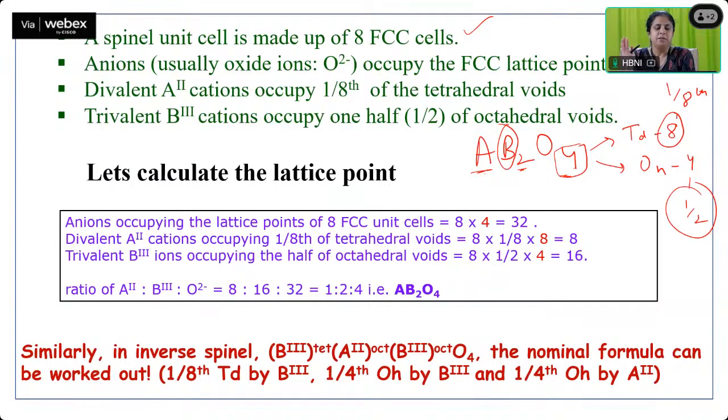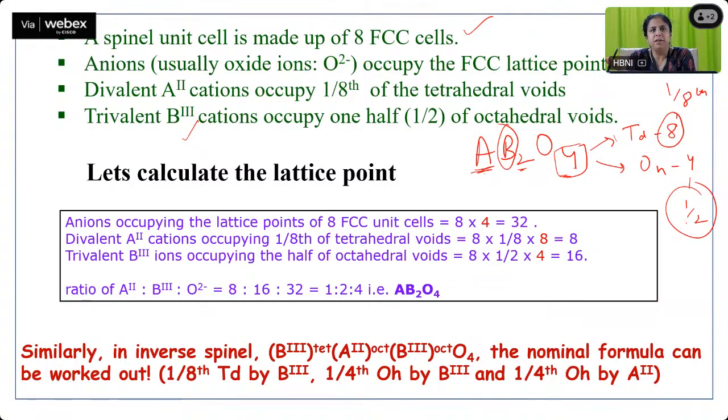And that is your spinel unit cell. I'll repeat it. Spinel unit cell is made up of 8 FCC cells. Okay. Anions form the FCC lattice. A occupies 1/8 of tetrahedral holes. B occupies half of the octahedral holes. That is normal spinel.